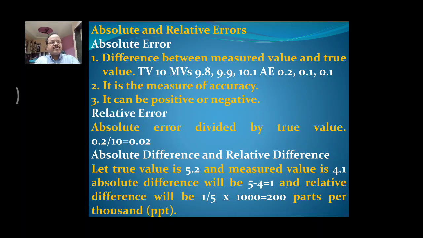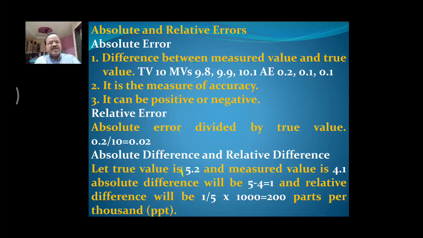1.1 will be the difference, and the relative difference is calculated by 1.1 divided by this 5.2 and multiplied by 1000, which gives parts per thousand.